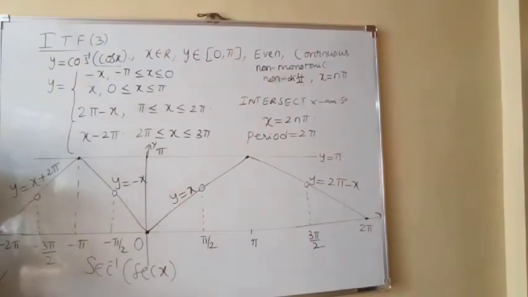Then that becomes the cosecant inverse of cosecant x graph. It is not defined at all integral multiples of pi, 0, plus or minus pi, plus or minus 2 pi, etc. Then if you want to draw the secant inverse of secant x graph, first you draw the cos inverse of cos x graph.